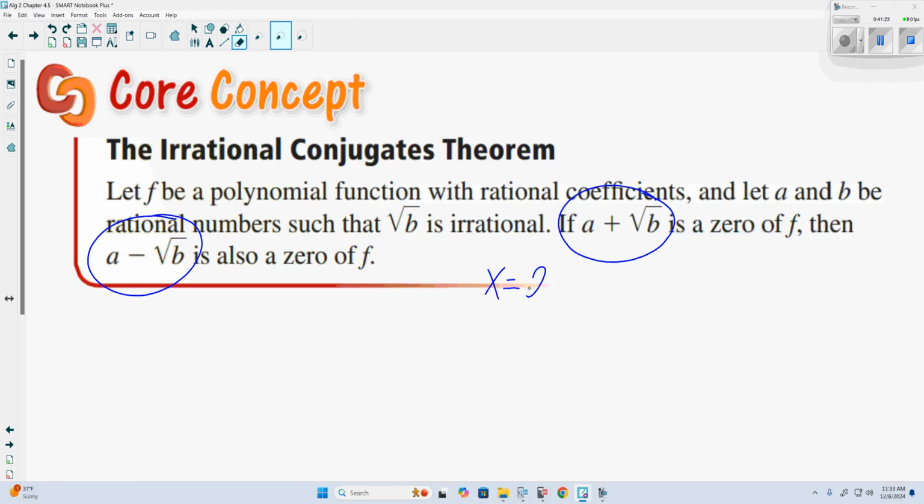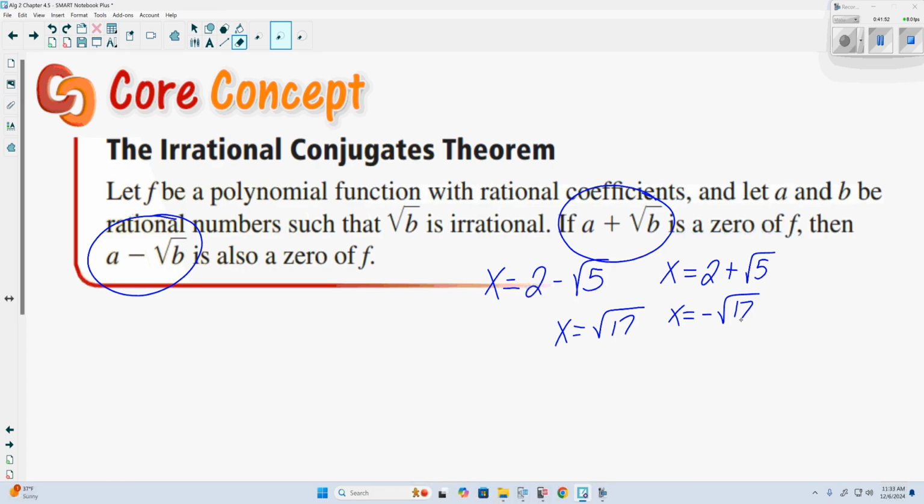So what that's saying is if we saw or were told that 2 minus the square root of 5 is a solution, it means that 2 plus the square root of 5 is a solution. If we have a radical, we need the positive and negative case. It could just be that x is equal to the square root of 17 and x is equal to negative square root of 17. If we have one radical solution, we have to have another. They always come in pairs of 2. We can't just have one.